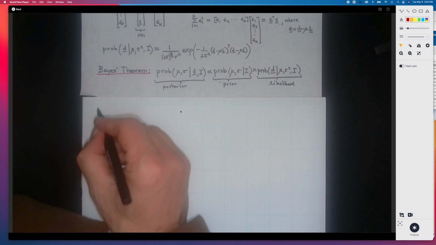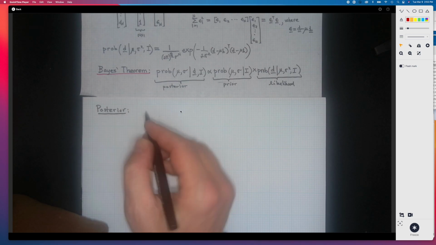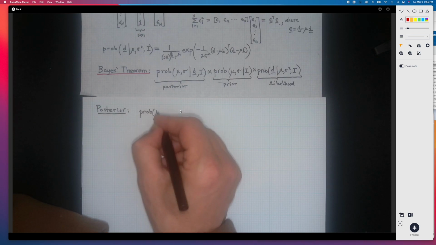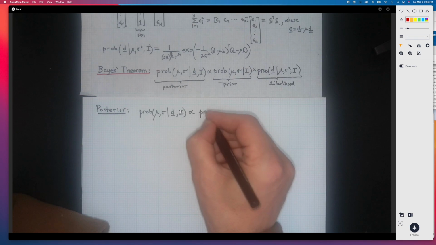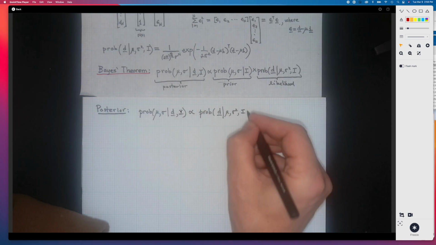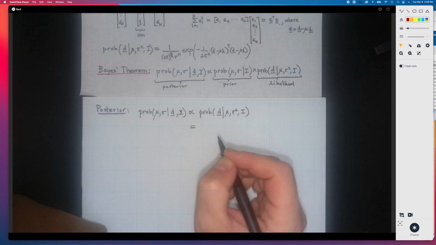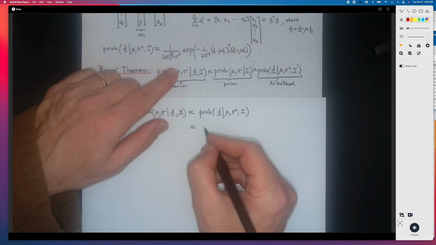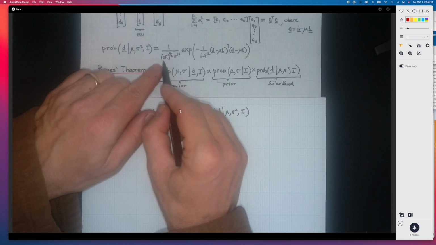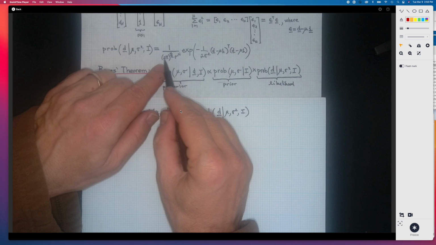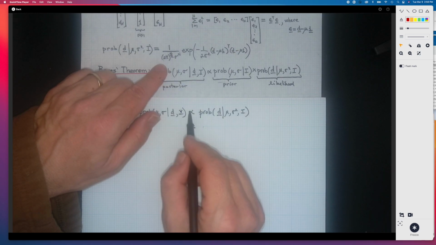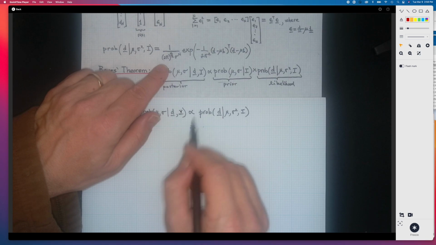Okay, so the posterior is equal to this prefactor of 2 pi to the n over 2 that doesn't depend on mu and sigma, so we can just forget about it since we only have the problem up to some arbitrary proportionality constant, which we can determine in the end by insisting that the posterior probability is normalized.